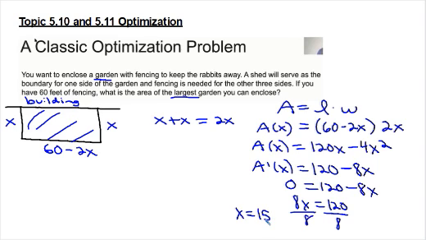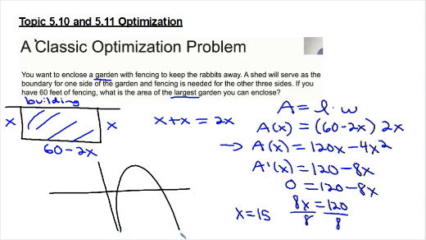15 is a place where the slope of the tangent line is 0. Now, this one's pretty easy. Isn't my original function just an upside-down parabola? If you know what function you're working with, there's not much that can go wrong. We don't need to spend a bunch of time on this one.